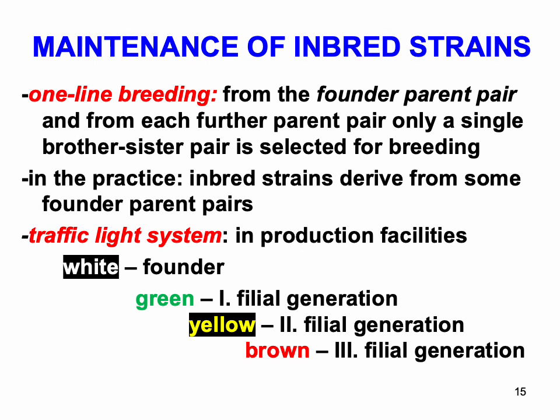a traffic light system. The crossings, the matings in practice, if not between litter mates, should be at least within the generation, and the cages are marked by small color plates, and by convention the white is for the founder, the green for the first filial generation, the yellow for the second, and the brown for the third filial generation.